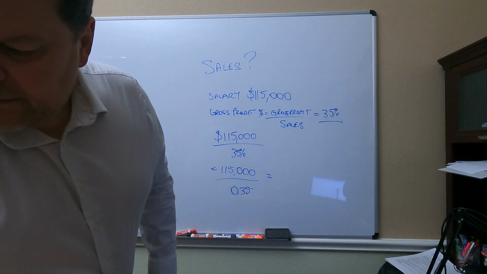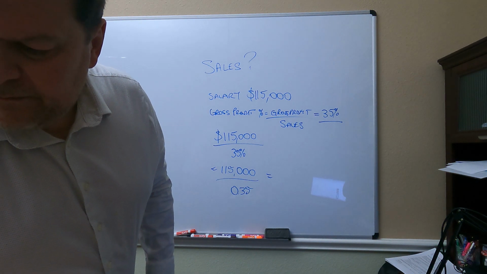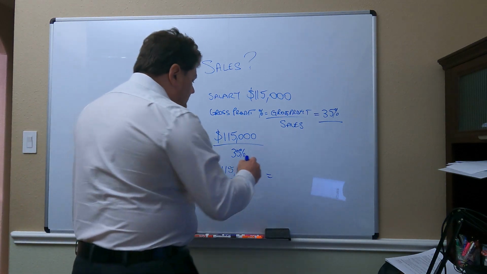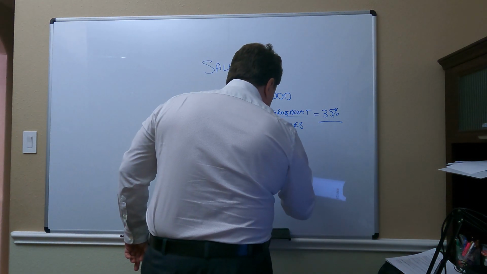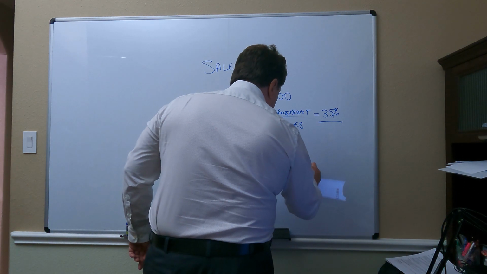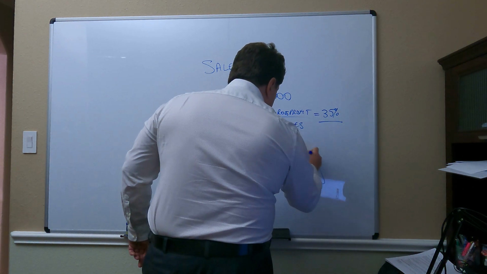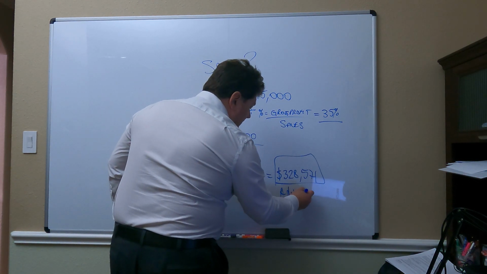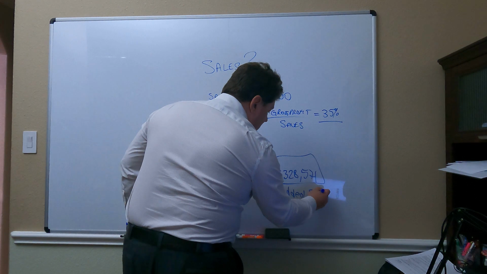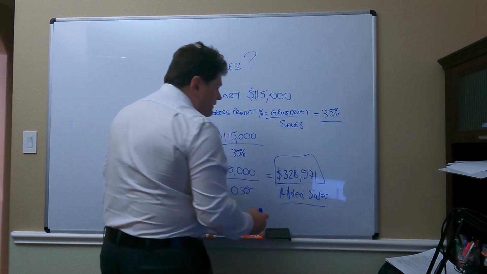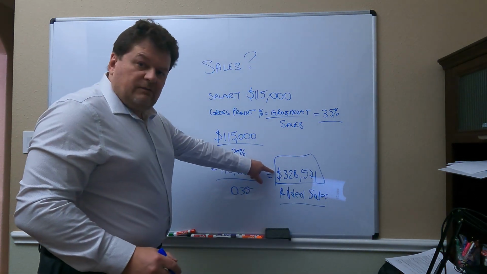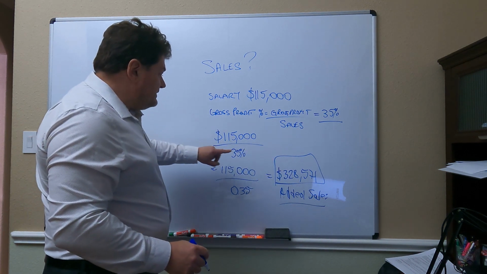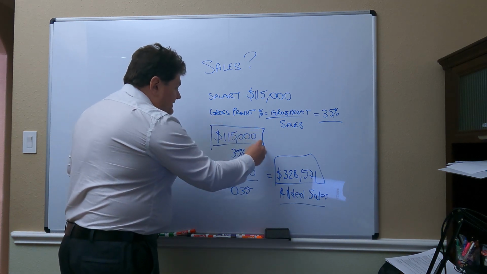Taking my calculator, that's equal to 328,571. And that number represents the added sales that we need: $328,571 in additional sales to support that salary.